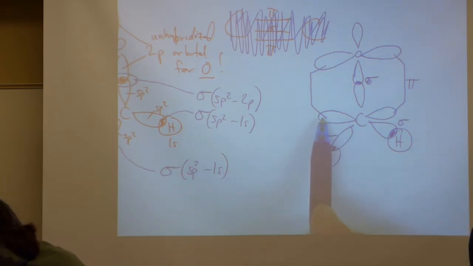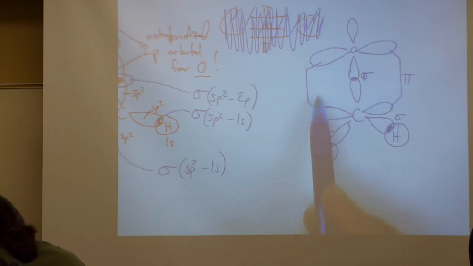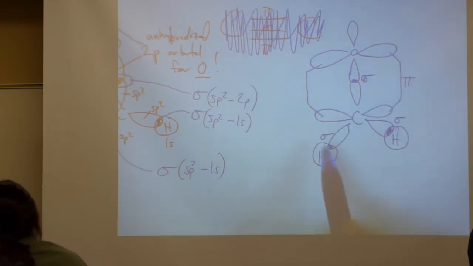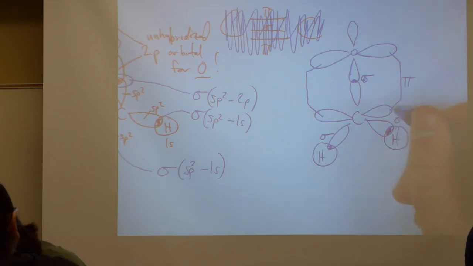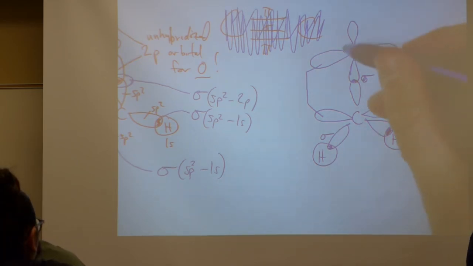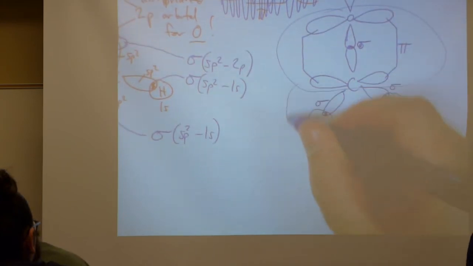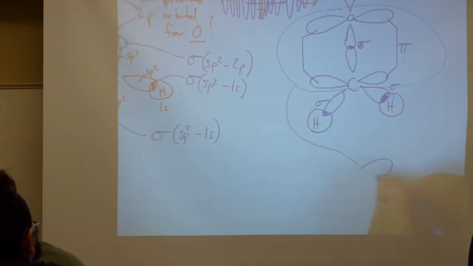Now this looks really strange. It looks like I've got 2 bonds here, right? But the really hard thing to understand first, but you'll get this, is that if I took this out, it's really this. It's just 2 p's.